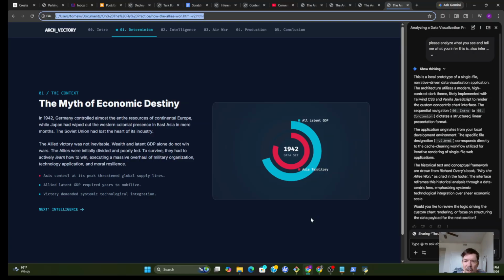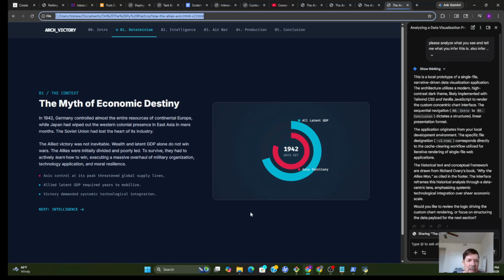This is a really neat way of adding power to your web app, because I can ask it questions about what I'm looking at. For example, the first question I ask is, can you infer what you're looking at, including the source? It said this is a local prototype of a single file.